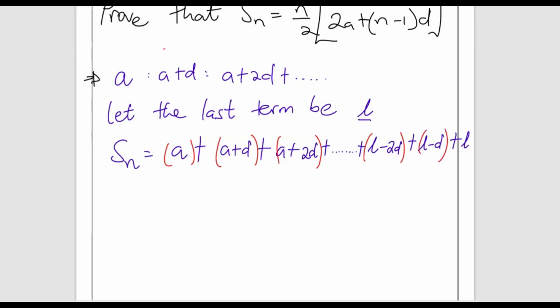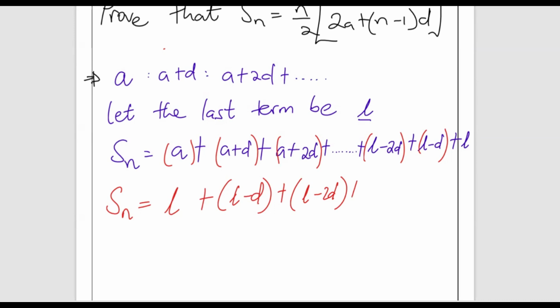Then I'll go on and rewrite this equation, but in a reverse format. Which means I can start with the last term. So I'll have L plus L minus d plus L minus 2d. Is that true?